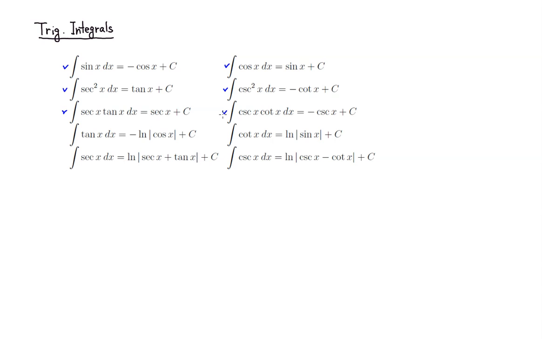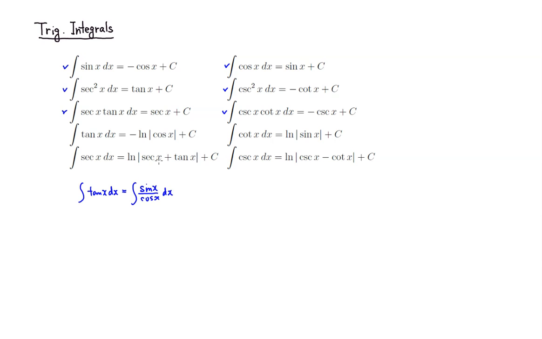So I'm going to look at the tangent one. If you want to find the antiderivative of tangent, we can use the definition of tangent: tangent is sine of x over cosine of x dx.